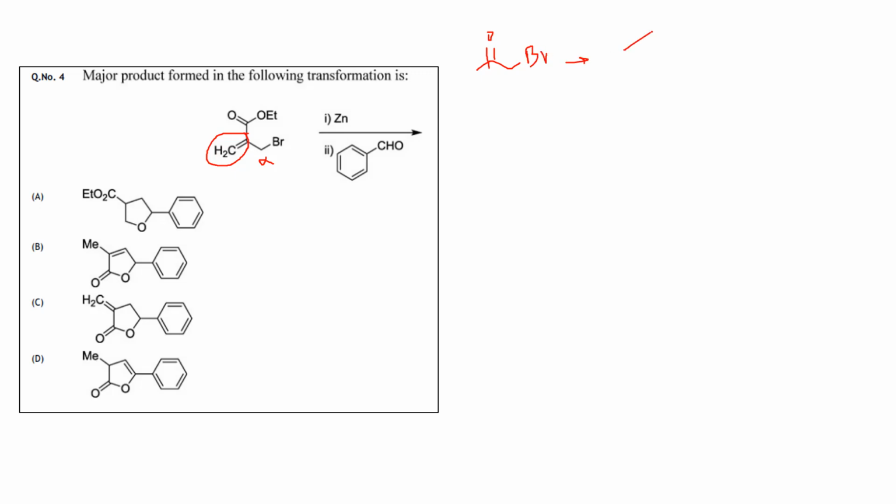there is a resonance stability with the adjacent carbonyl group. But if it is in beta, there is no such resonance stability.